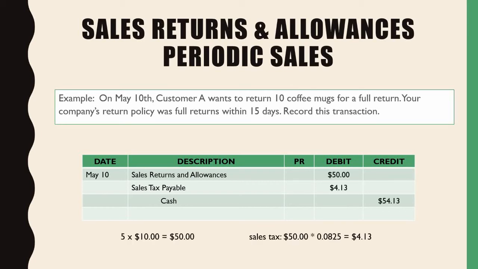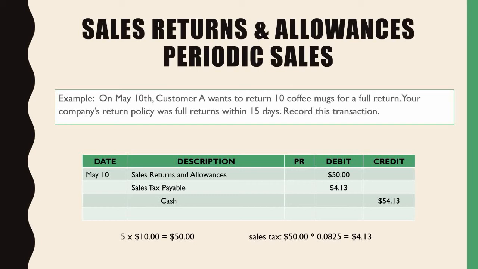Exactly how you calculate it: if she's only returning 10 of them, 10 times 5 is 50, and you take that $50 and multiply it by the tax in order to give that small portion of the tax back to the customer. Now I don't owe the government that money anymore because that's their money. So I'm going to give them back a grand total of $54.13.